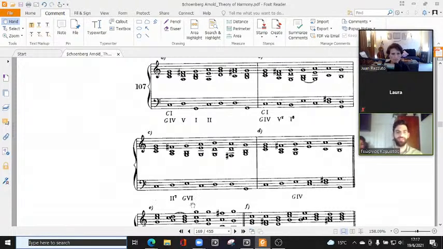I see the third of C or sixth of G. Then I see an A with sixth to the seventh. And that seventh is prepared, and resolved. Then again, and then resolved.